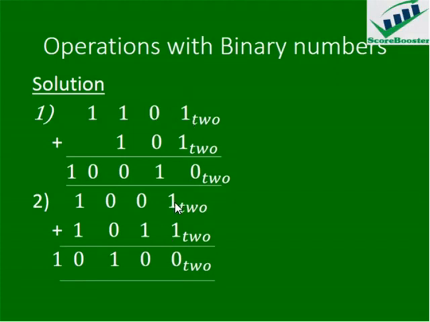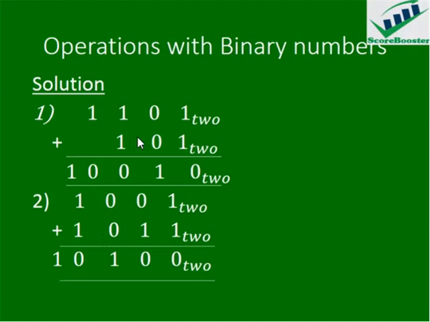So here 1 plus 1 is 10 from the rule. So 0, you carry 1, 1 plus 0, 1, plus 1, 10 is 0, you carry 1, 1 plus 0, 1, plus 0, 1. 1 plus 1, 10, you write 0, you carry 1, 1 plus 0 will give 1. So that is the answer.